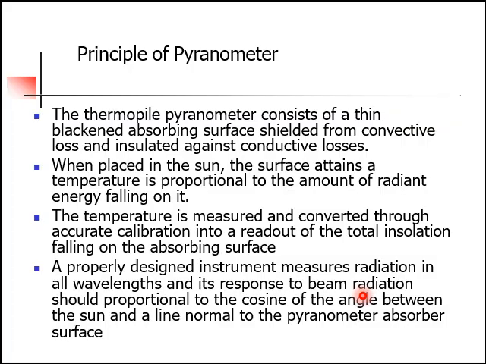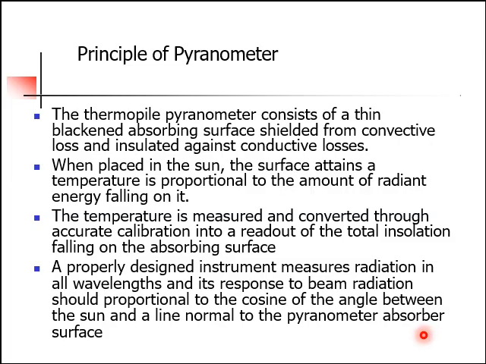A properly designed instrument measures the radiation in all wavelengths, and its response to beam radiation should be proportional to the cosine of the angle between the sun and a line normal to the pyranometer absorber surface. We will learn about this cosine angle in detail later. Let's have a look at the next slide.